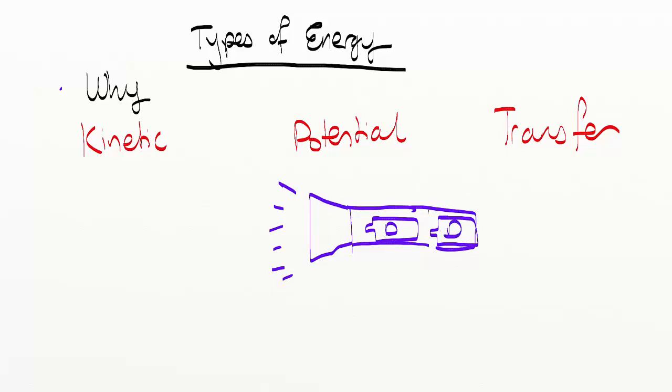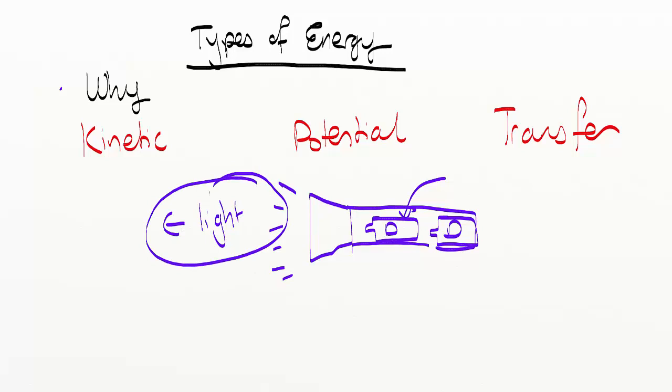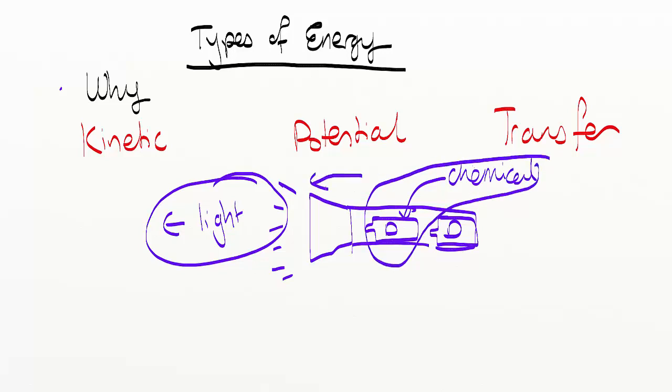The idea is that the energy inside the battery is stored within the chemicals of the battery, and the work that we want is going to be the light. So the light's going to come out of the torch. The form of energy that the light is in is different from the chemical energy inside the chemicals of the battery. So in some situations we get conversion between the two of these. That's why we need to have an understanding of the different types of energy.